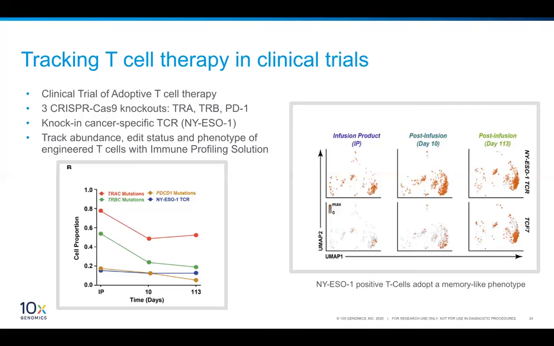Now, the UMAP plots on your right show the expression data. The analysis was performed on all T cells across time points, but shows only cancer-specific T cell receptor transgene expressing T cells. The increase in TCF7 expression is indicative of an acquired central memory phenotype rather than an exhausted phenotype, which may have enabled the engineered T cells to remain for a long term.